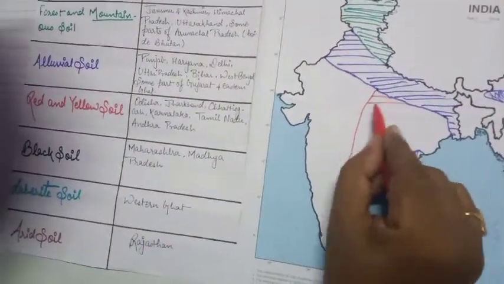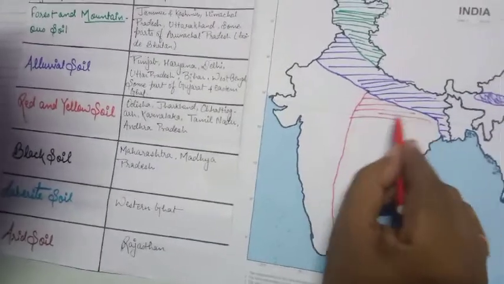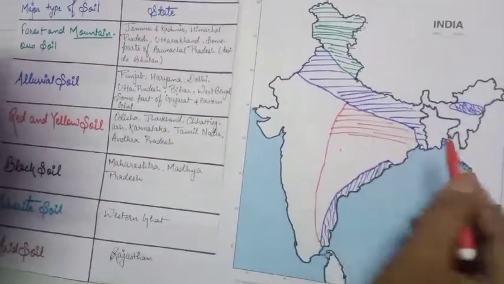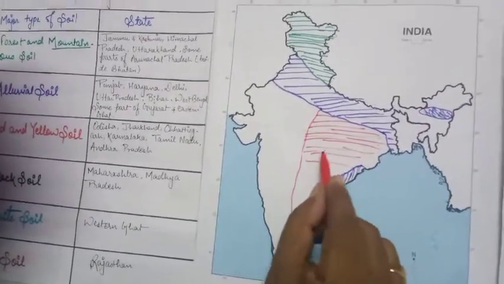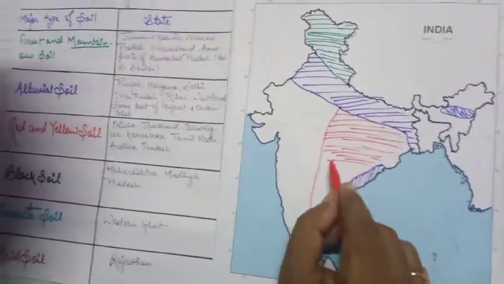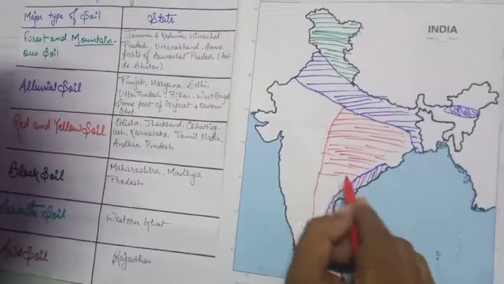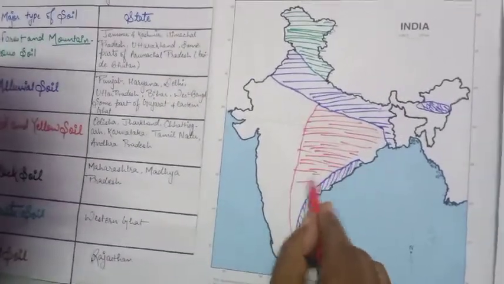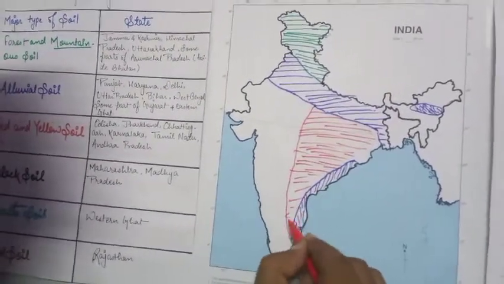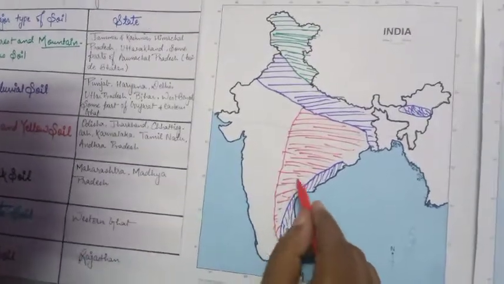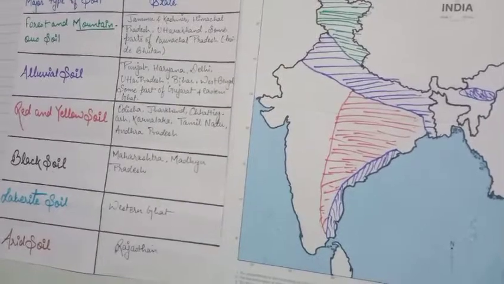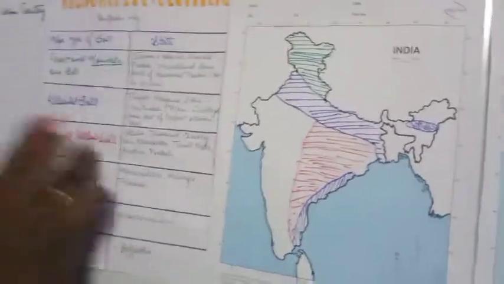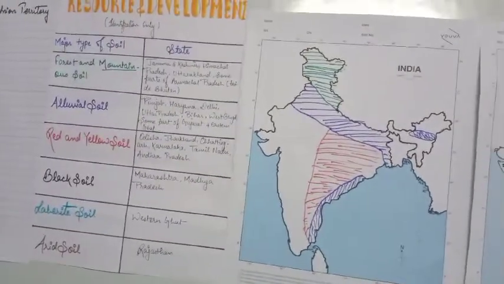Okay, because in these areas the iron ores are a lot, and due to that this area contains red and yellow soil. Clear? So this is the area, prominent area of red and yellow soil.